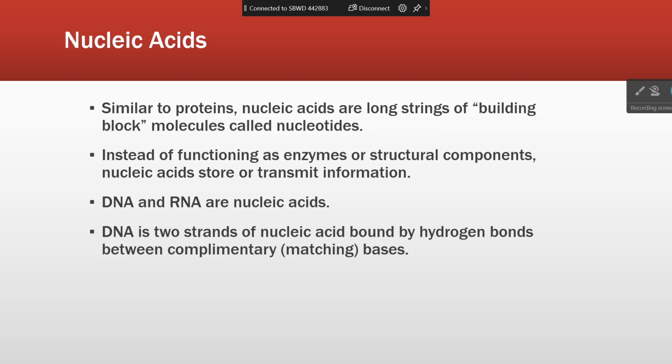Now, the biggest difference between nucleic acids and enzymes in terms of function, nucleic acids don't really do anything, but they contain and store information, right? So proteins make machines. Nucleic acids make programs for building machines, right? So they keep the architecture, the blueprint.